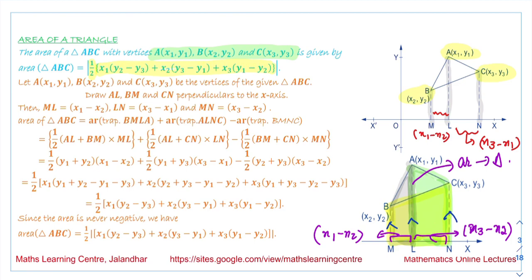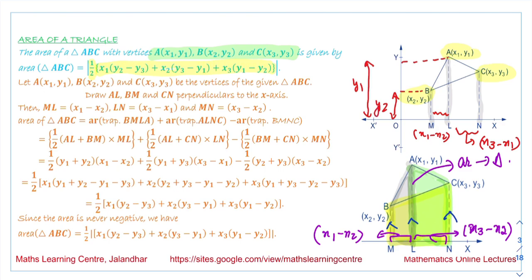Now the sum of the two parallel sides: when I am talking about this point B, the height over here is y2. When I am talking about this point A, the height over here is y1.